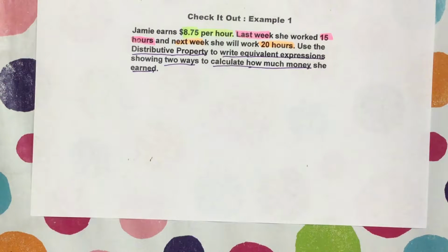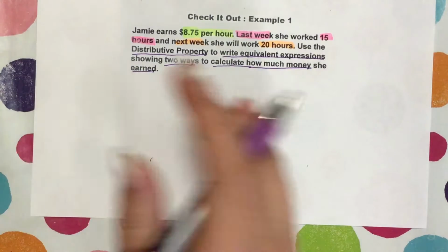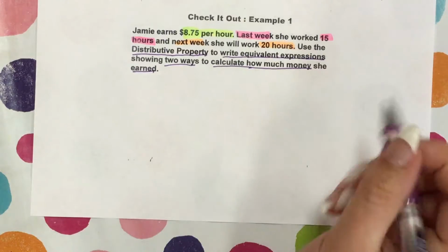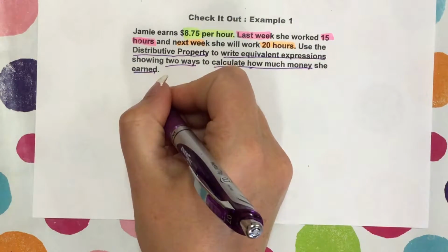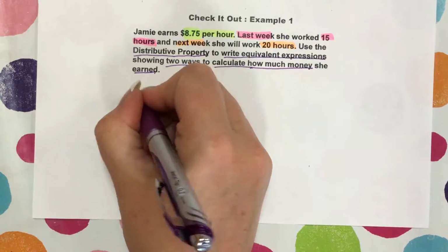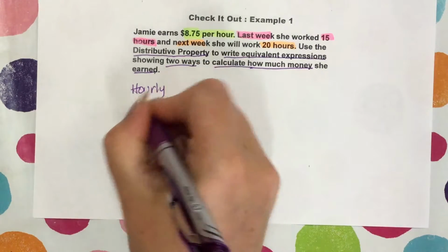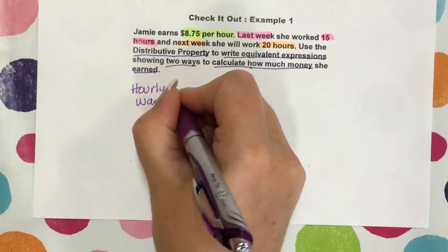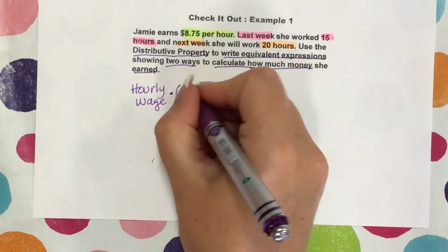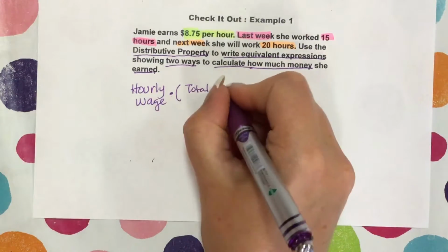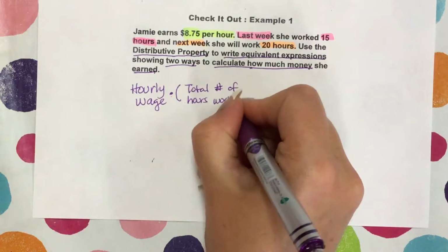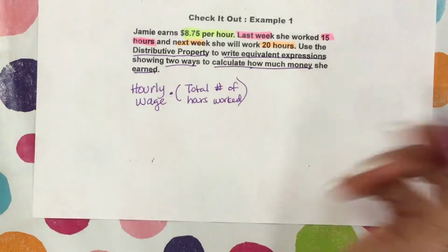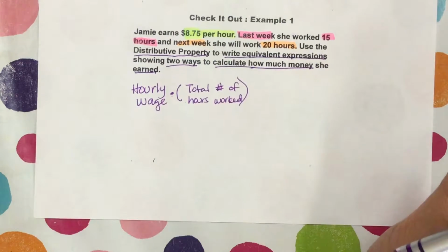So whenever you're talking about earnings, how you find your total earnings, is by determining your hourly wage, and you multiply that by the total number of hours worked. And that's how you find how much you make.